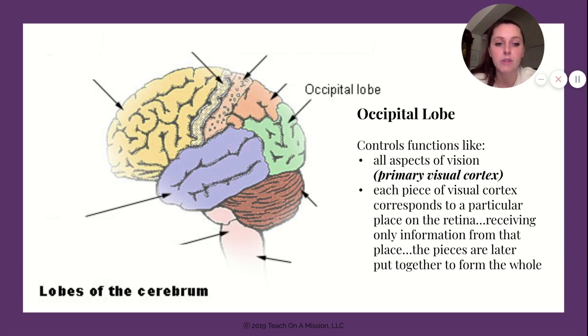Receiving only that information from that one place, and then those pieces are later put together to form a whole image, and then your visual cortex allows you to understand and actually process that image that you're seeing. So vision, that's your key word for occipital lobe. That's where your primary visual cortex is located.